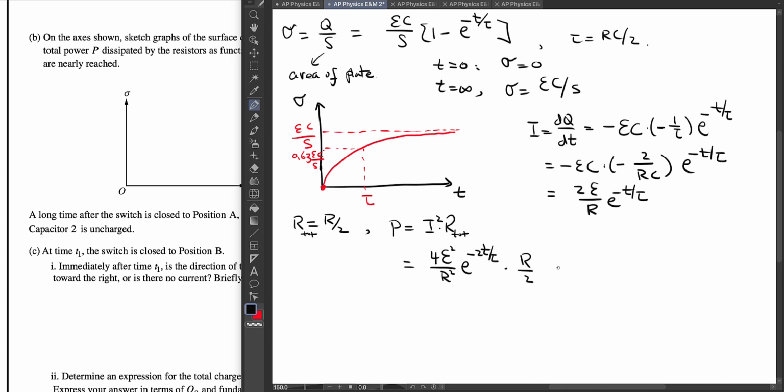So finally we get 2 EMF squared over R e to the negative 2t over tau. Okay, so that is the maximum value in the power dissipation, and that happens at the beginning. So when I check t equals 0, the power here is 2 EMF squared over R, and that is actually the maximum value.